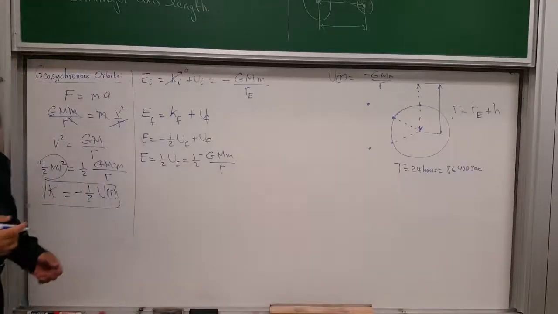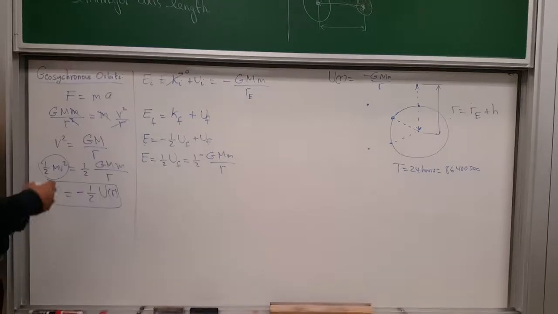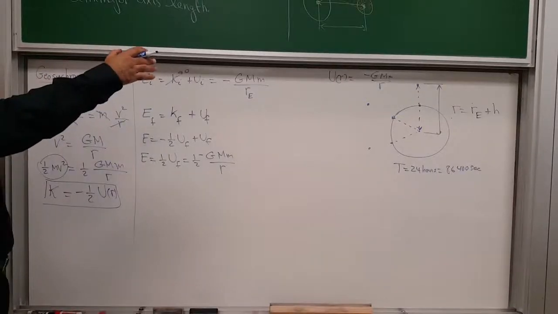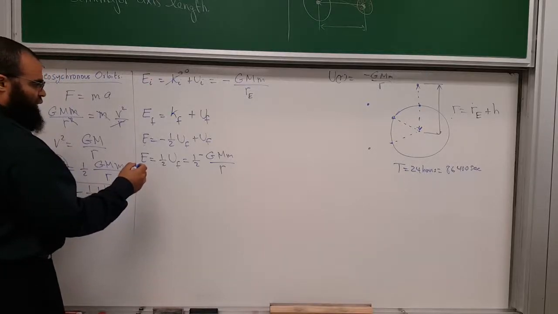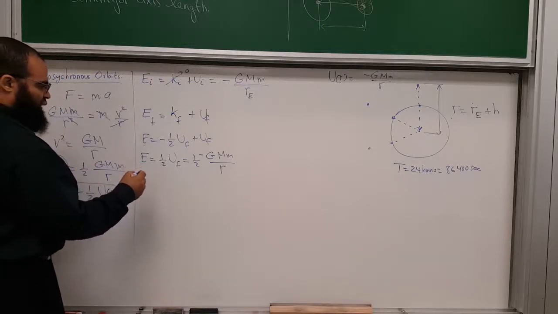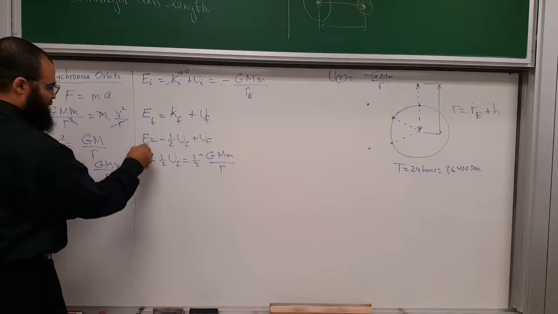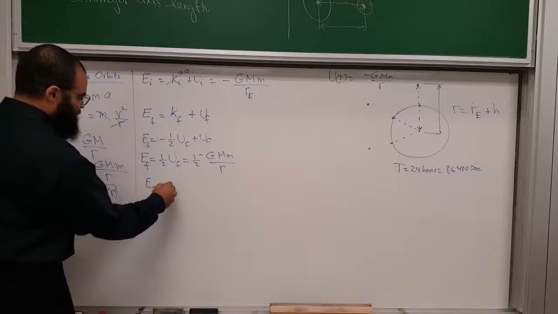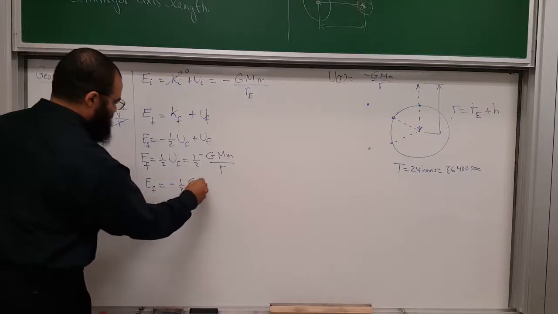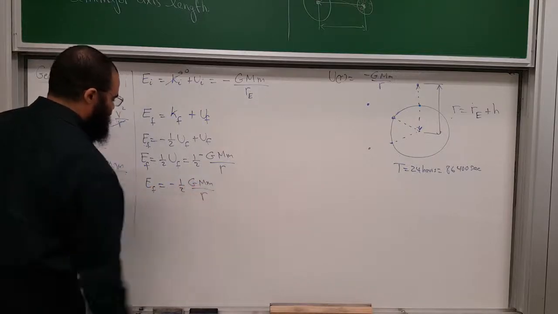It's bound. It hasn't escaped. It only has 0 potential energy at infinity. So the energy at the end will equal negative 1/2 of G capital M little m divided by R.